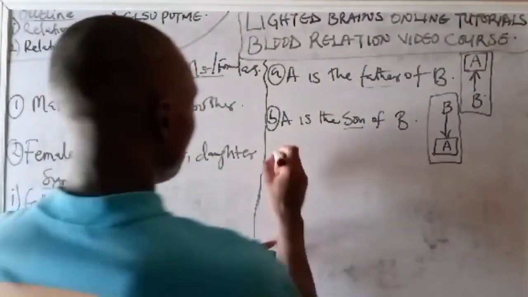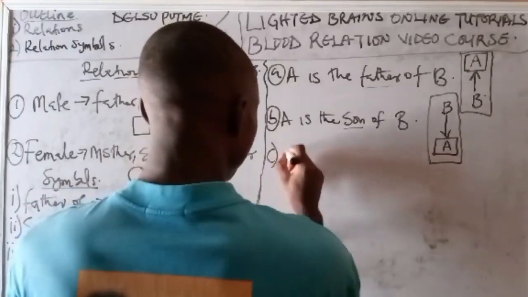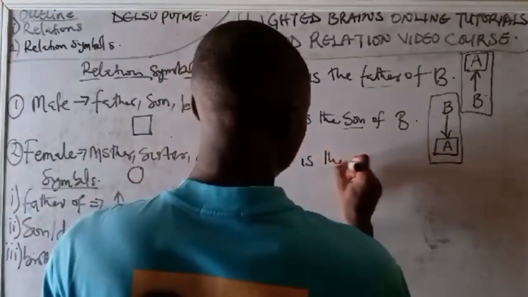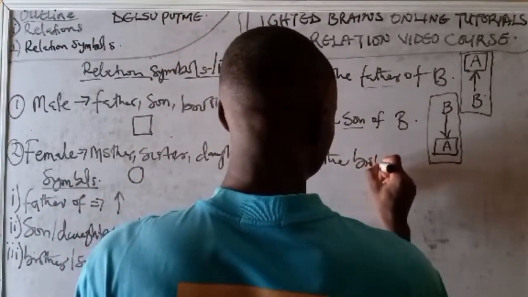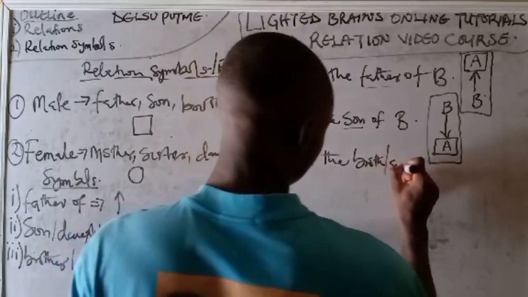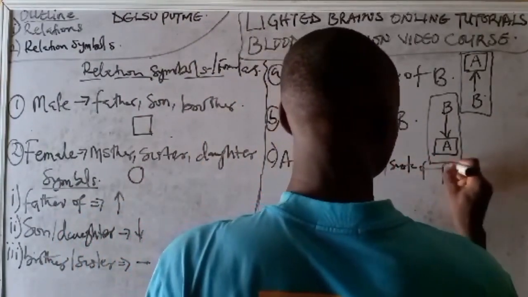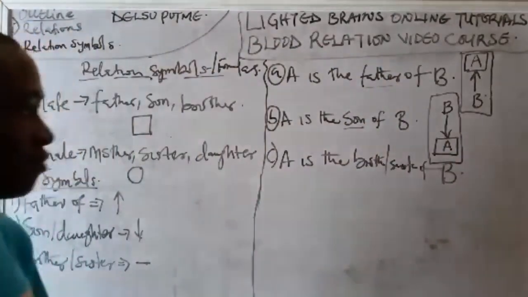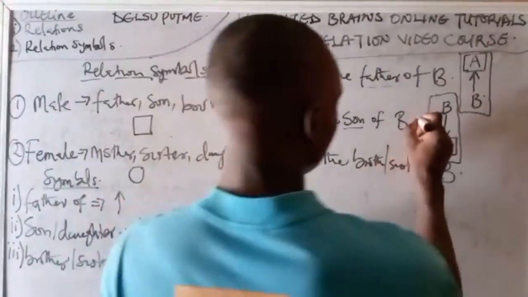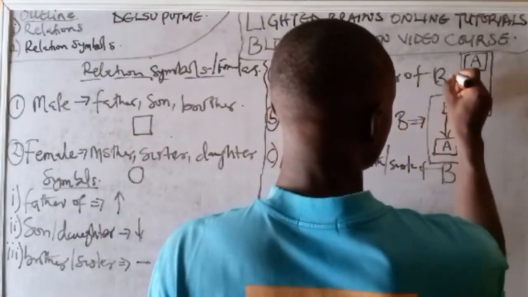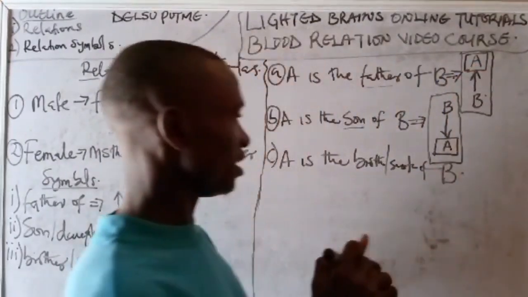Thank you very much. So we have C. A is the brother or sister of B. Do you understand now?